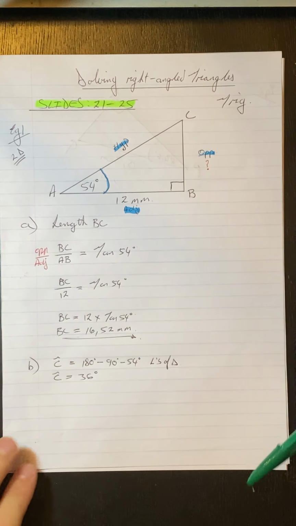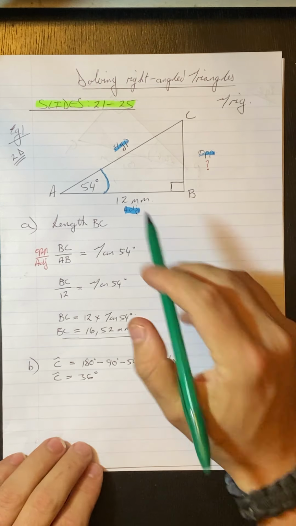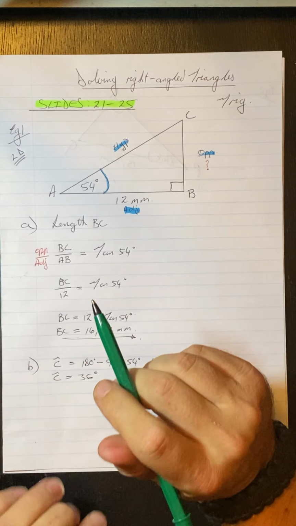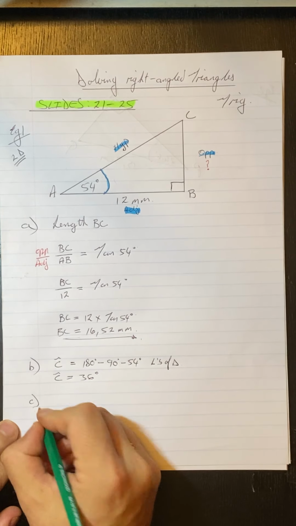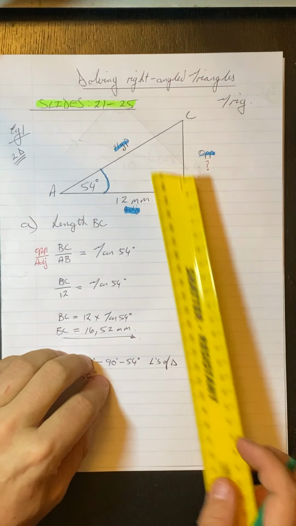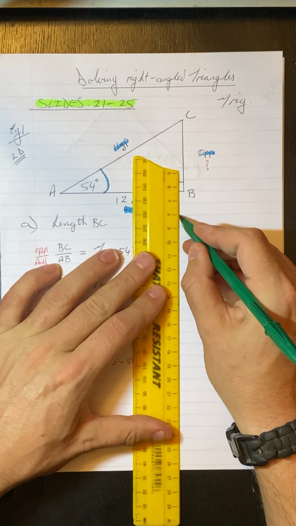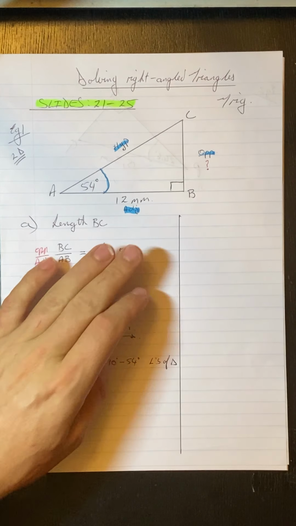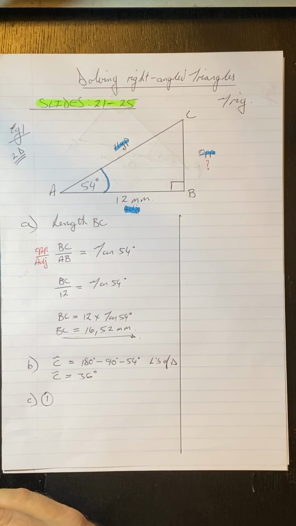Right, question C. Question C is asking us to find the length AC in 2 different ways. Okay, and I might just continue up here just so everything is on the same page. Okay, so let's have a look at the first way that we're going to do this.